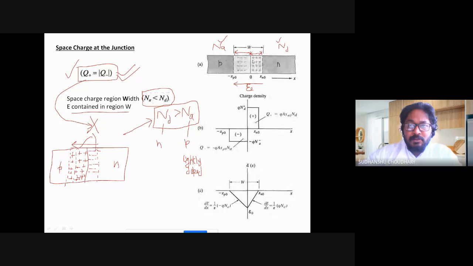If this doesn't happen, then this electric field may not be contained in this region. So this electric field may then penetrate into p or n type region, depending upon which type is lightly doped.